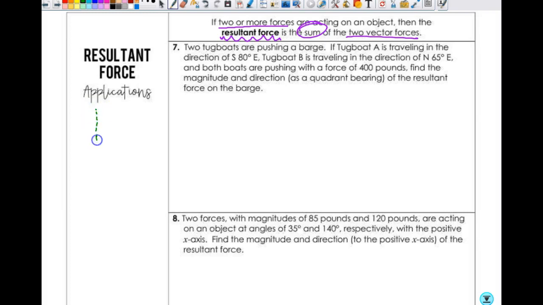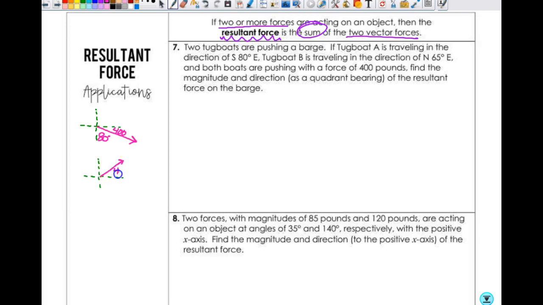Okay, so I'm going to do tugboat A first. Tugboat A says we're going south 80 degrees east. Looks like this. So this is 80 degrees, right? And they both have a magnitude of 400. I'm going to make another little cross here because, again, it's not the x and y axis. I'm just getting a perpendicular wherever I am. Do I know exactly where these are starting? No, but this is just going to give me an idea of what's happening. Then this other one's going to go north 65 degrees east, and it has the same magnitude, so they should be the same length.